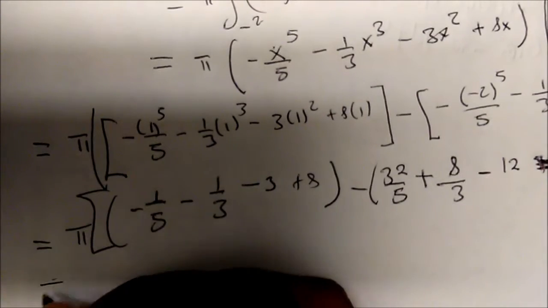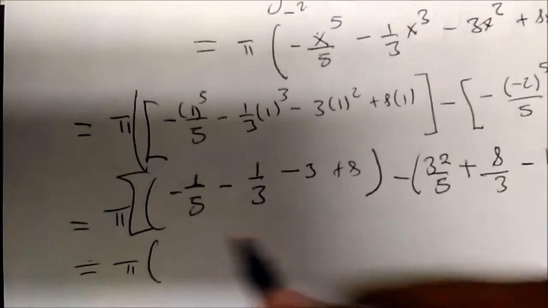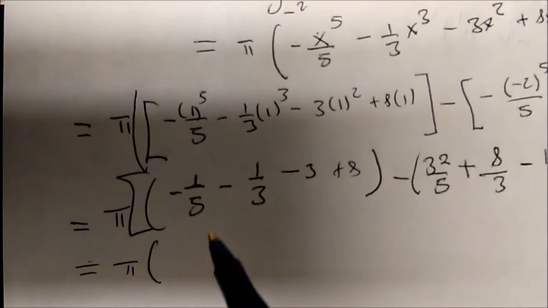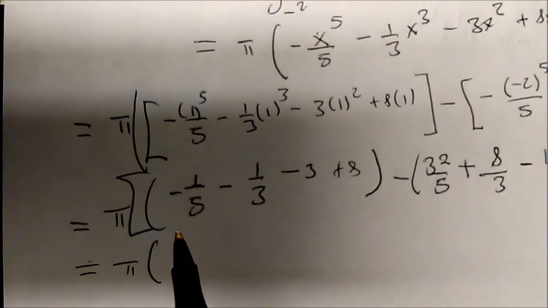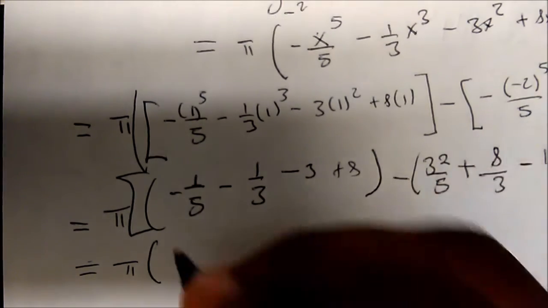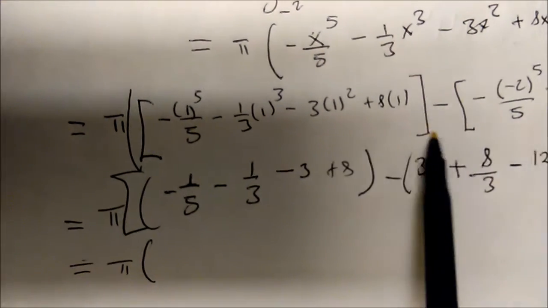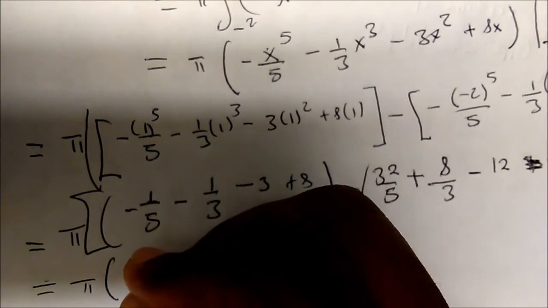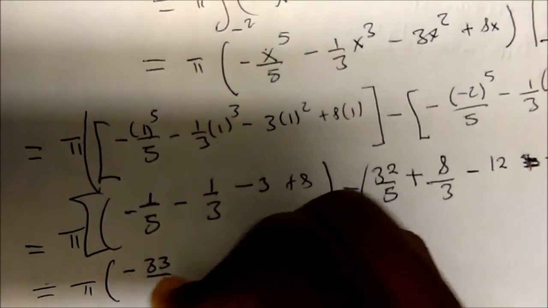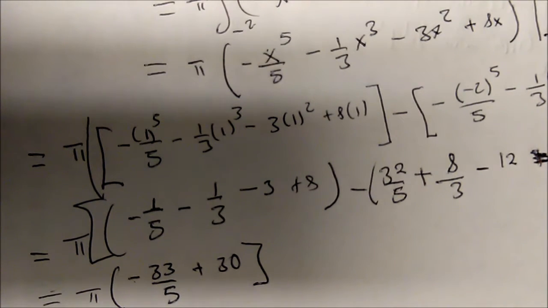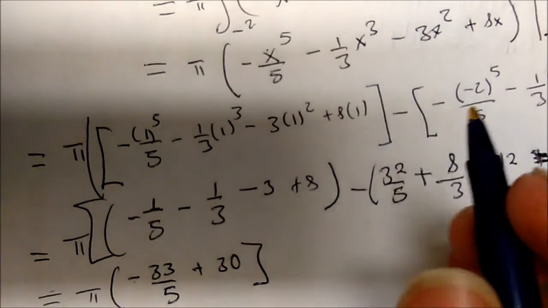Now, if that's the case, let's do a little bit of math here. So this is pi times negative 1/5 minus 50 plus that. If I simplify this, it should be pi times negative 33 over 5 plus 30.